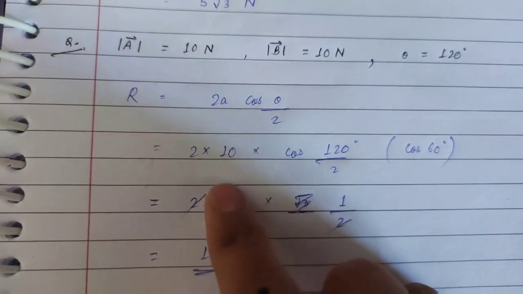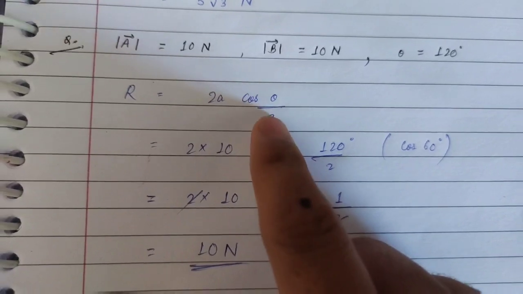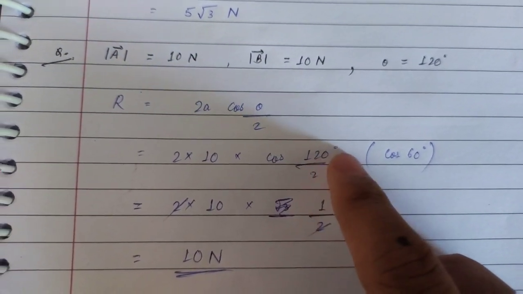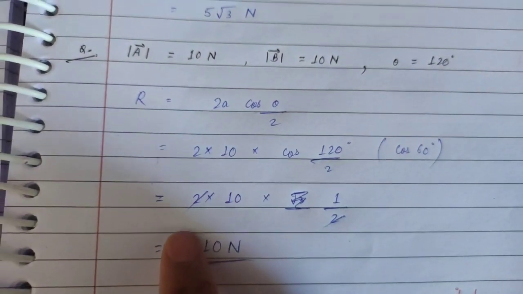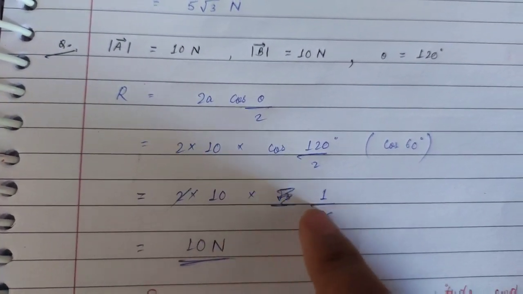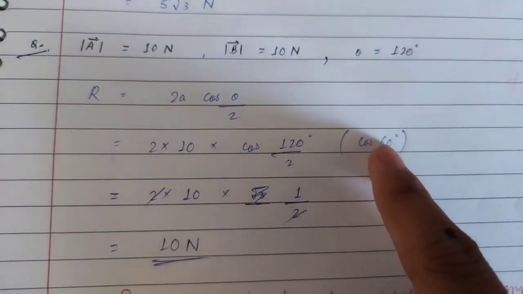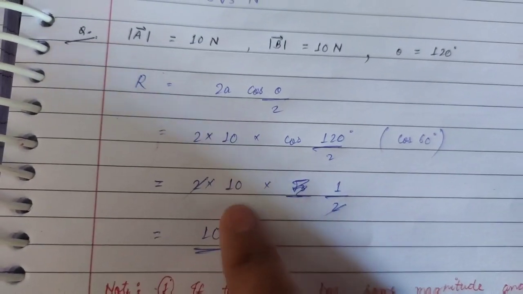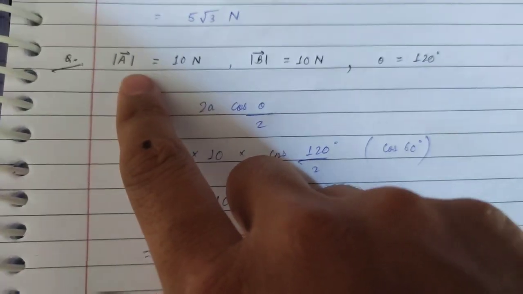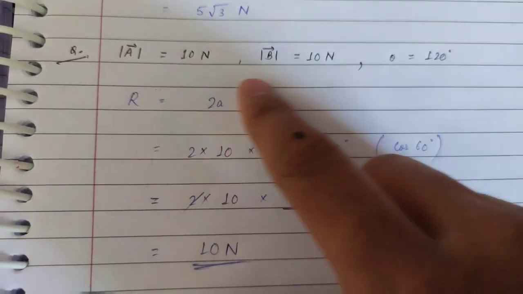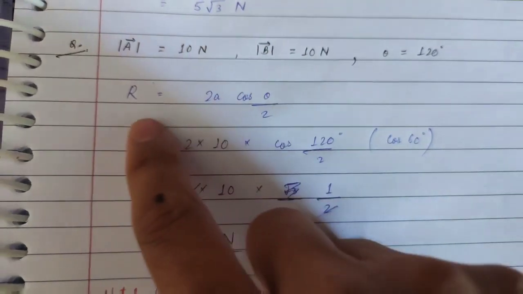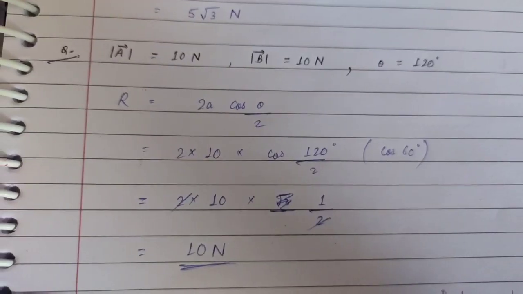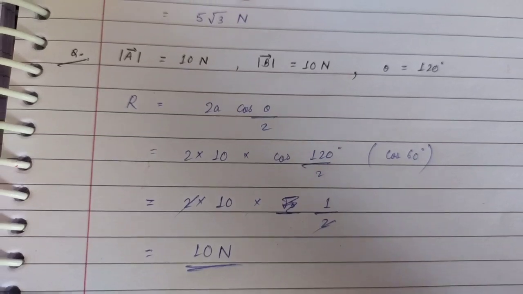So 2 into 10 Newtons cos theta by 2, theta is given as 120, so theta by 2 gives cos 60 degrees. So 2 into 10 into cos 60, whose value is 1 by 2, so the 2 will get cancelled and this will be 10 Newton. See, both vectors have magnitude 10 Newton and the resultant is also 10 Newtons. So we can simplify in this way.